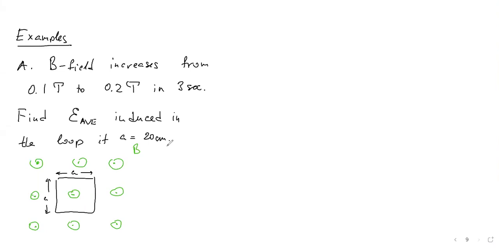I'm just having this loop inside a magnetic field, and the magnetic field is increasing. It's important. So we're going to increase the value of this magnetic field from 0.1 to 0.2 Tesla in 3 seconds. What will be the average induced EMF in this case? Let's find it.